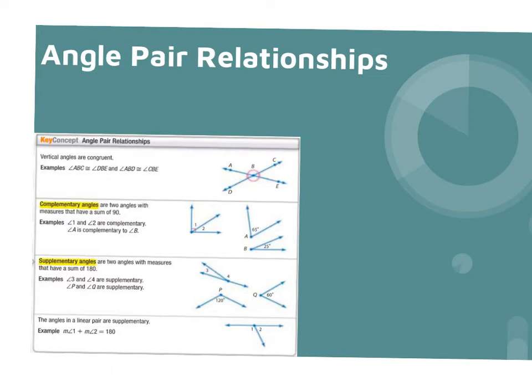We should also note that angles in a linear pair are supplementary, but not all supplementary angles are a linear pair. For example, P and Q are supplementary angles, but they are not a linear pair because they are not formed using opposite rays.